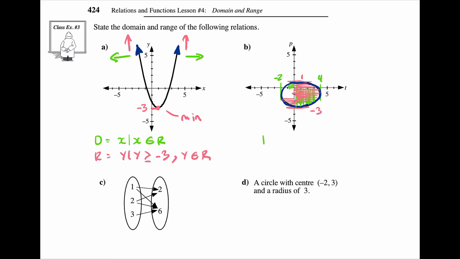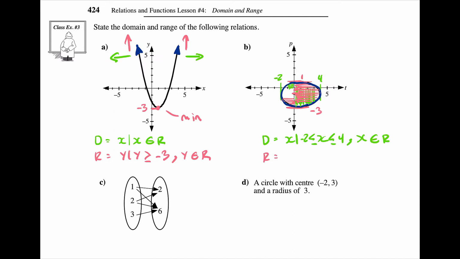So the domain is going to equal x such that x is, now I'm going to move this over because I've got a greater than or equal to. So x is going to be greater than or equal to -2, and it's going to be less than or equal to 4, and x is a subset of all real numbers in between that range from and including -2 and +4.